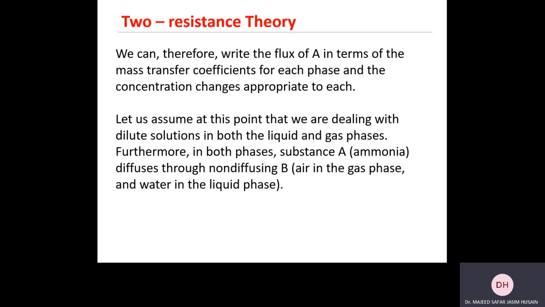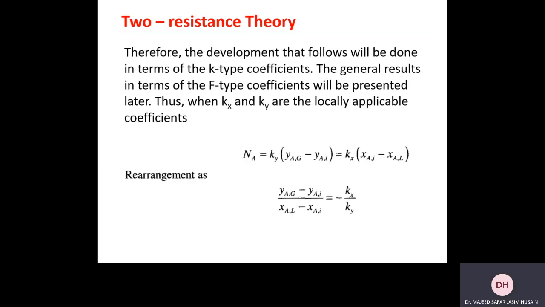So you have the solute, which is your ammonia, moving from one place to another. Therefore, the development that follows will be done in terms of the k-type coefficients. The general results in terms of the F-type coefficients will be presented later.